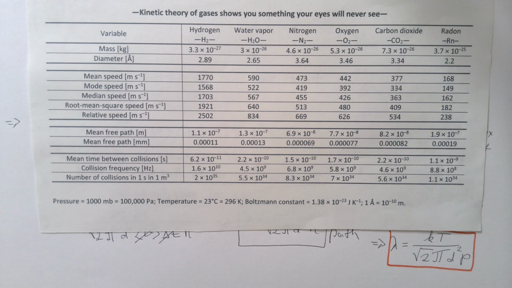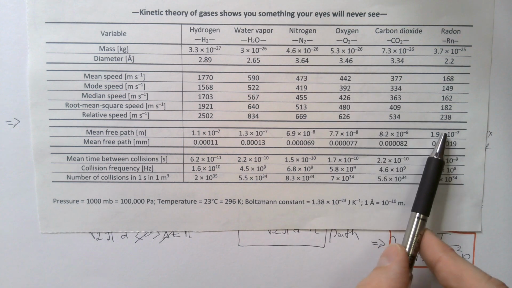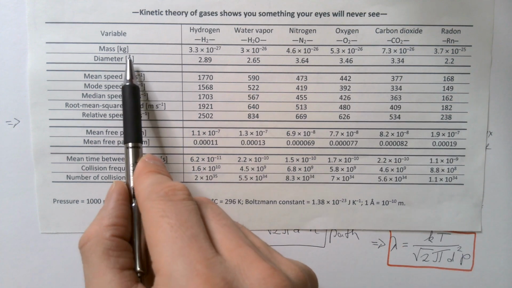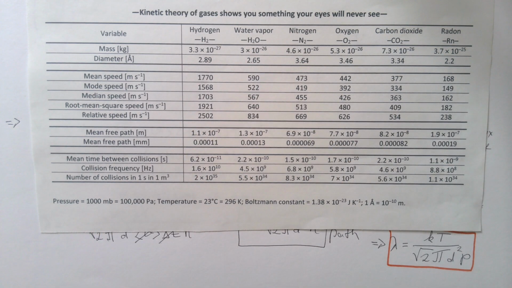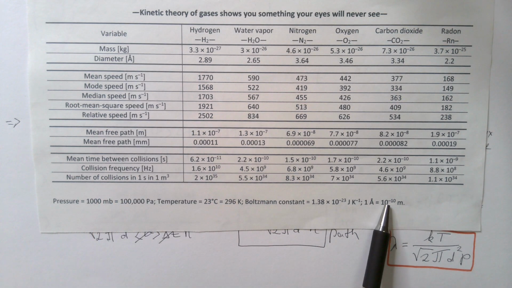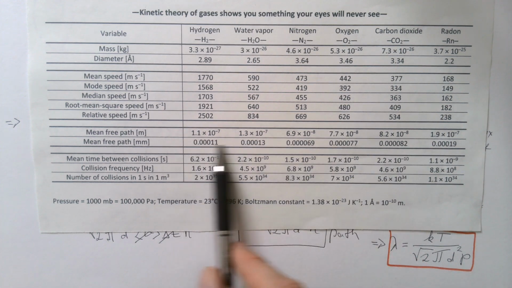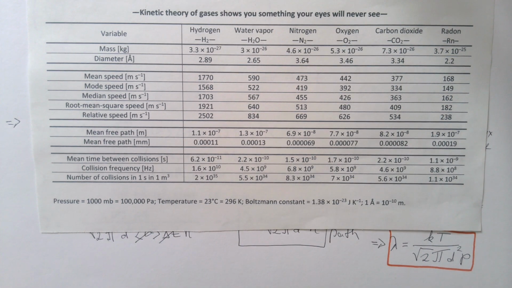Also notice that mean free path is actually much larger than the diameter of our atoms. Diameter is here given in angstroms, and an angstrom is 10 to the power negative 10 meters. So you can see that mean free path is 100 to 1,000 times or so larger than the diameter of the atoms.